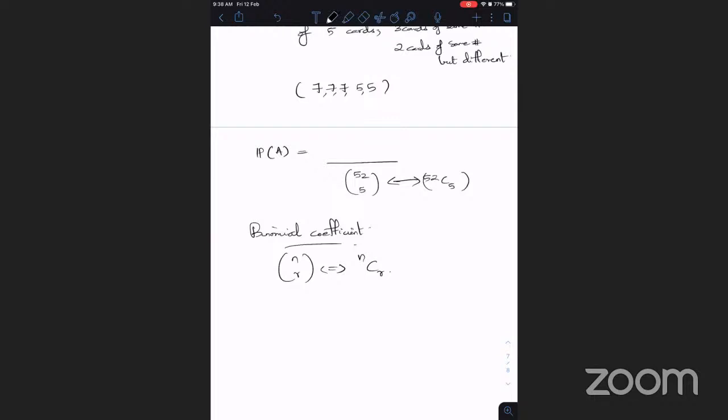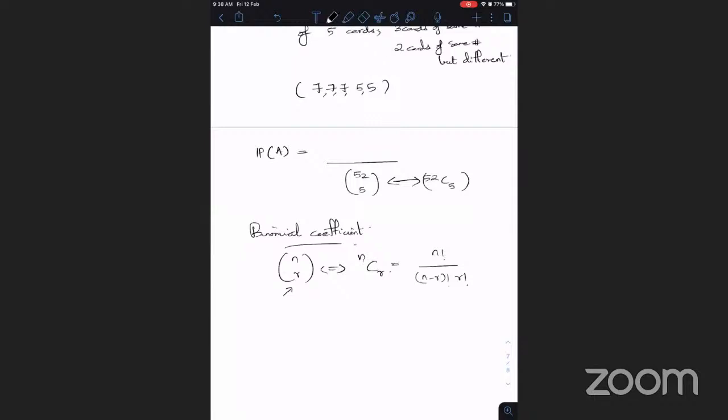NCR or n choose r, both notations are equivalent, and this is defined as n factorial divided by (n minus r) factorial times r factorial. I hope everyone knows what a factorial is. And what is the meaning of this? Okay, this is a formula, but what is the meaning of this?